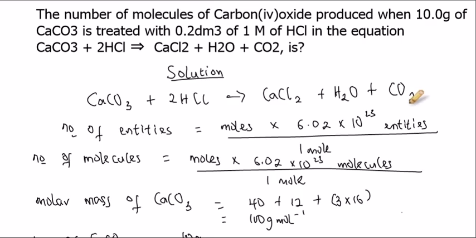Let's proceed. Since we've gotten the number of moles of carbon dioxide produced, let's substitute it back into the formula written here. Number of molecules equals moles multiplied by 6.02 times 10 raised to the power 23 molecules divided by 1 mole.